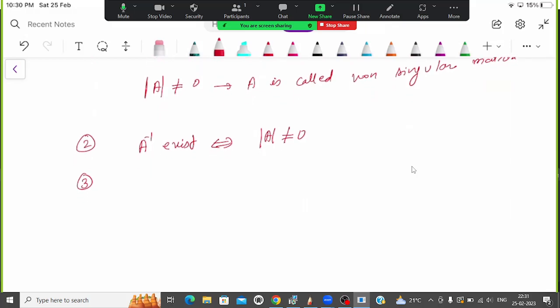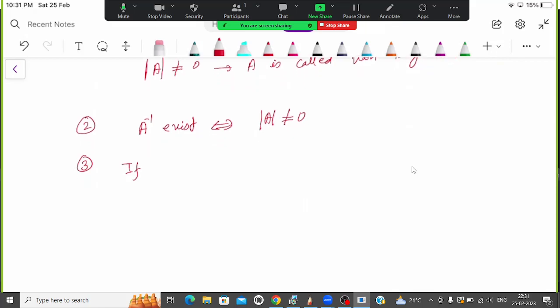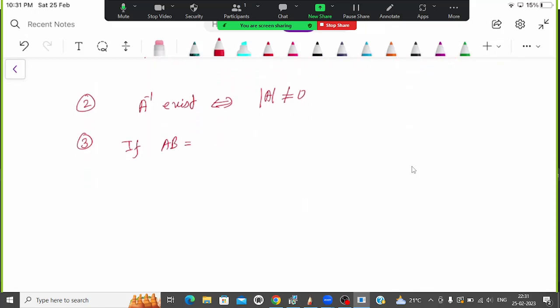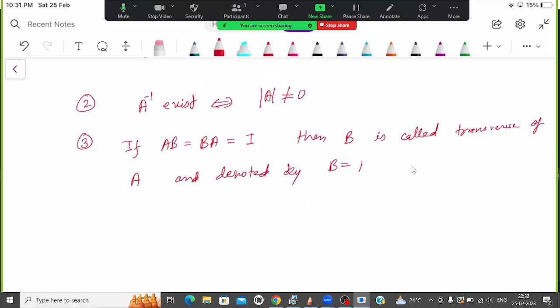Then the third property: if AB is equal to BA is equal to I, then B is called the inverse of A and denoted by B equals A inverse.